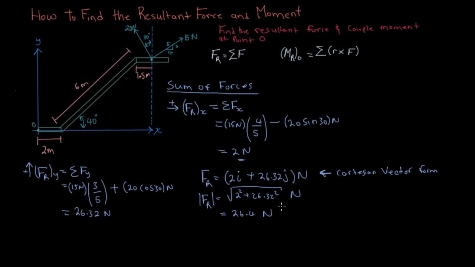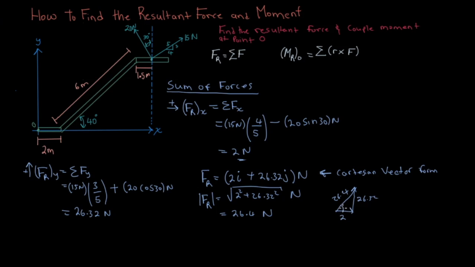So we know that the x direction is positive 2, and the y direction is positive 26.32, and the resultant is 26.4. What we're after is the angle. You can use any angle you want, but for convenience, we're going to use this one.